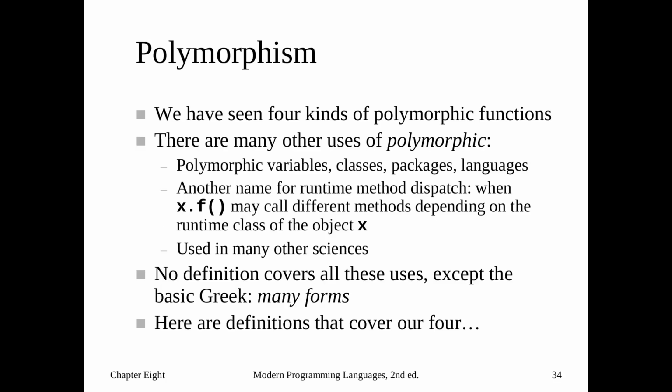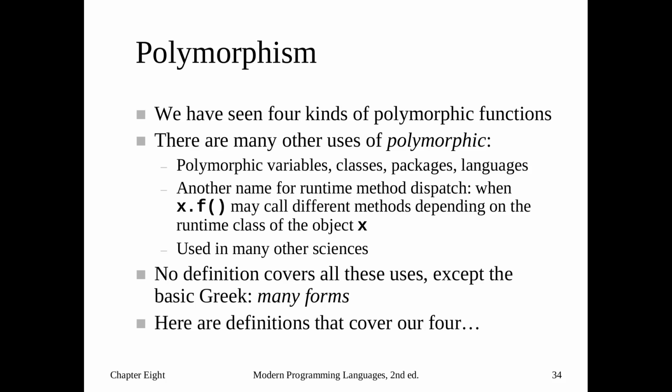Finally, definitions and classifications. So we've seen four different types of polymorphic functions, and then we had polymorphic variables and classes. There are all other uses of this, including polymorphic classes, packages, languages. Another name for this is runtime method dispatch.